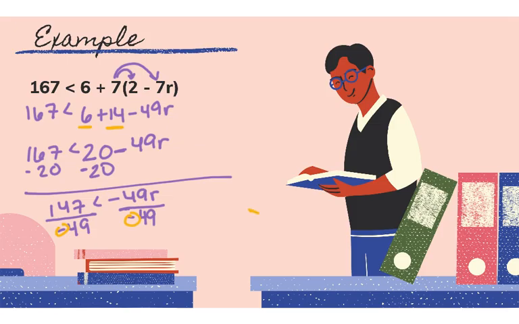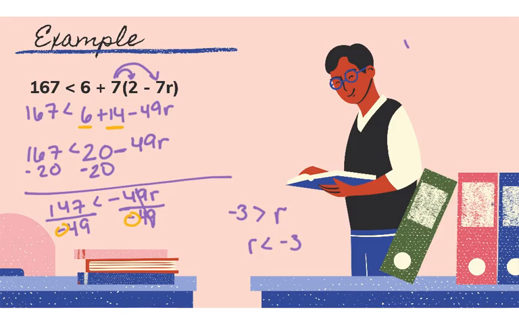I know my sign needs to go the opposite way now. On the right side, I'm just left with r. On the left side, I am left with a negative 3. So our solution is negative 3 is greater than r, or you could rewrite it for the variable to be on the left side: r is less than -3.